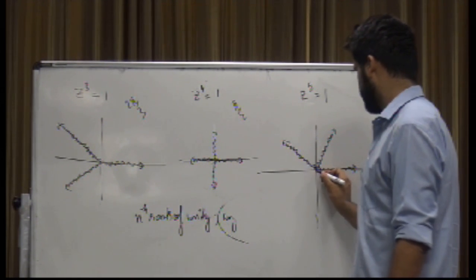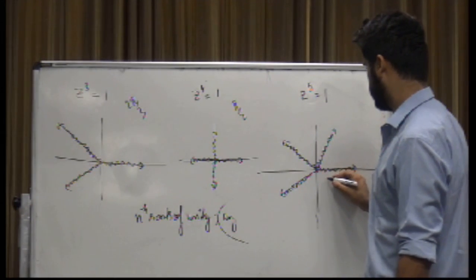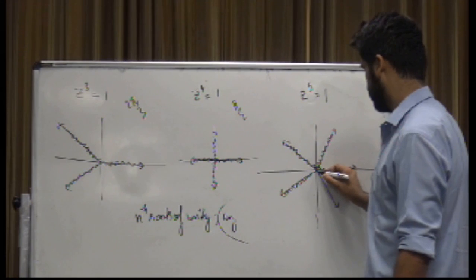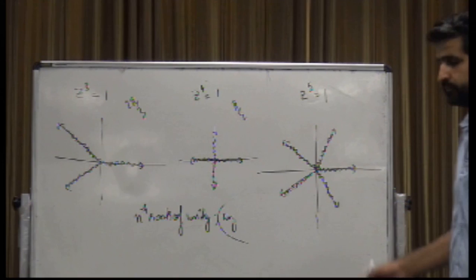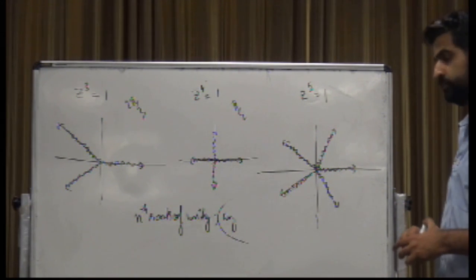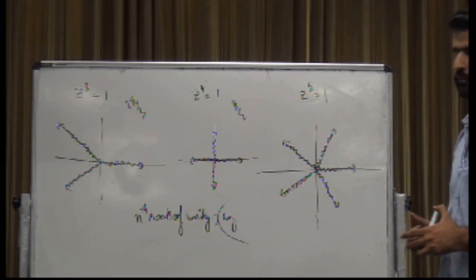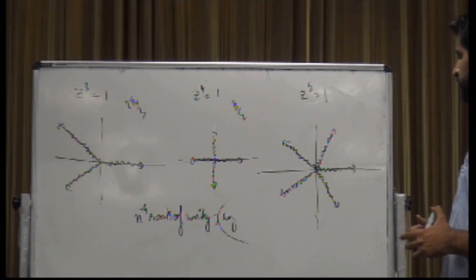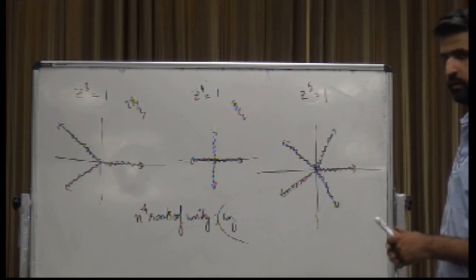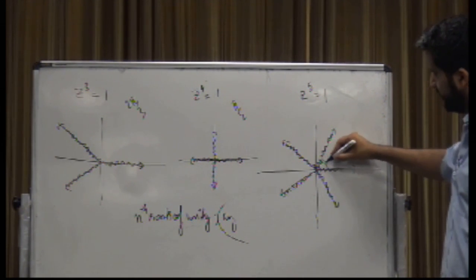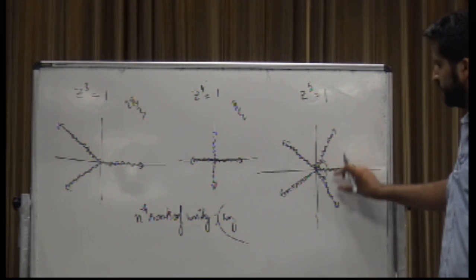So it will be the mirror image of this. Since the angle between all of them is 2 pi by 5, which is 72, angle between these two is 2 pi by 5, and these two is also 2 pi by 5. So this is also 72, this is also 72.